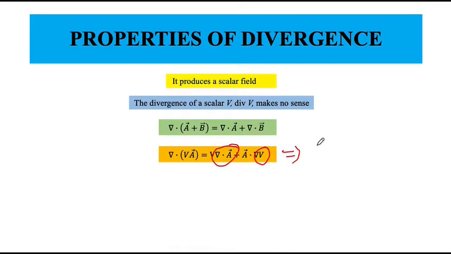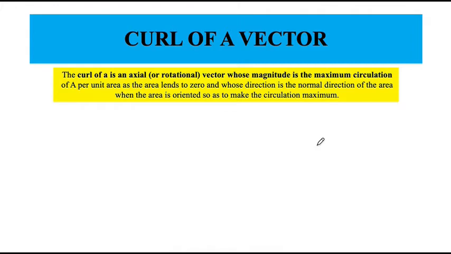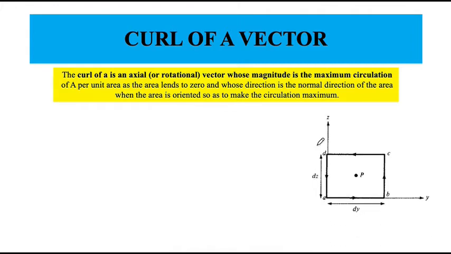Now next is the third operator, the curl of a vector. As we have seen in the case of line integral, we define circulation of vector field A around closed path C as an integral. So the curl of A is an axial vector whose magnitude is the maximum circulation of A per unit area as the area tends to 0, and whose direction is normal to the direction of area when the area is oriented so as to make the circulation maximum.